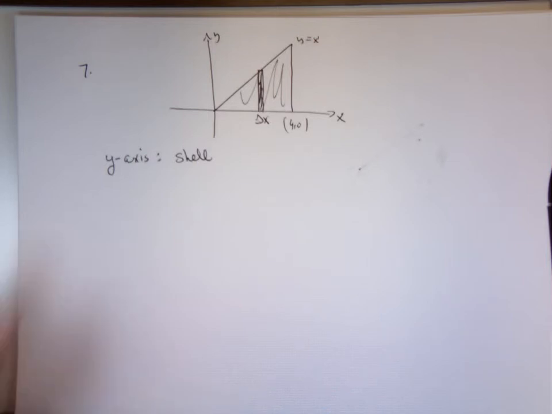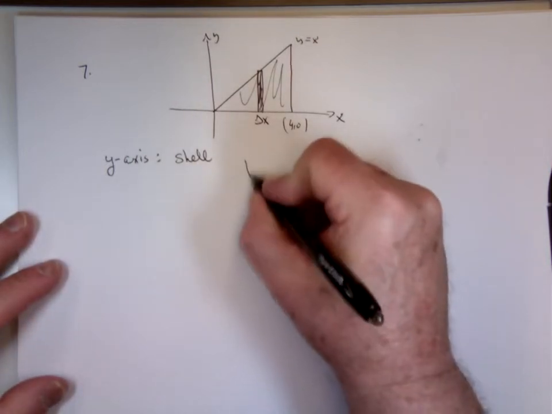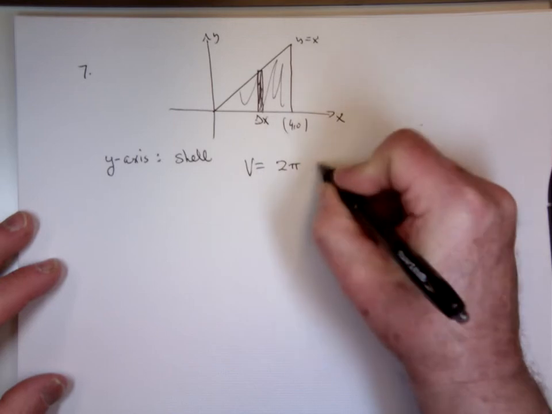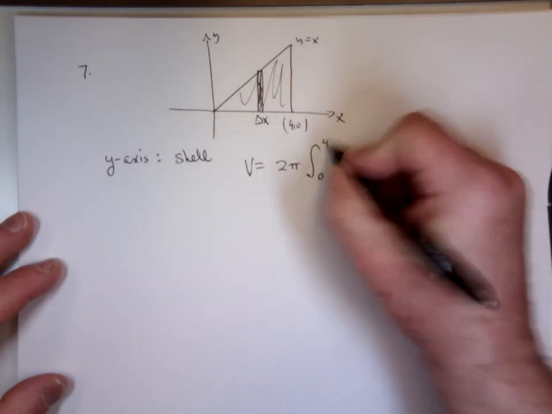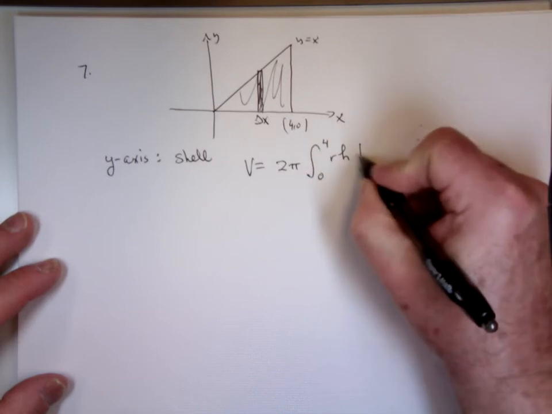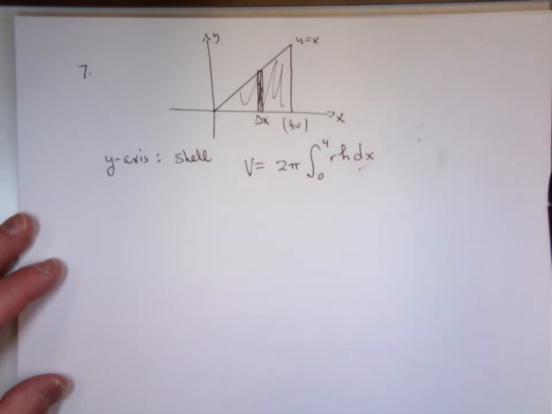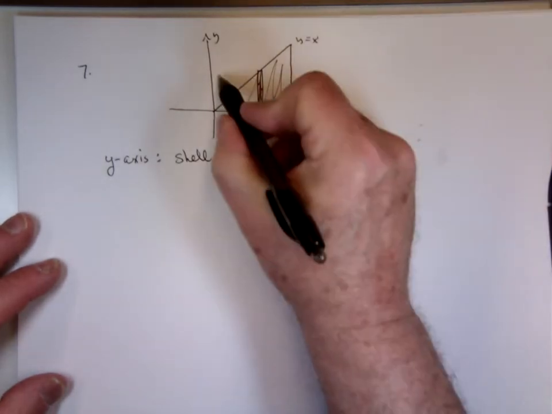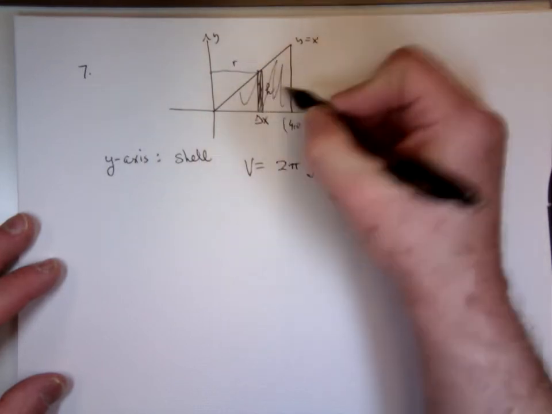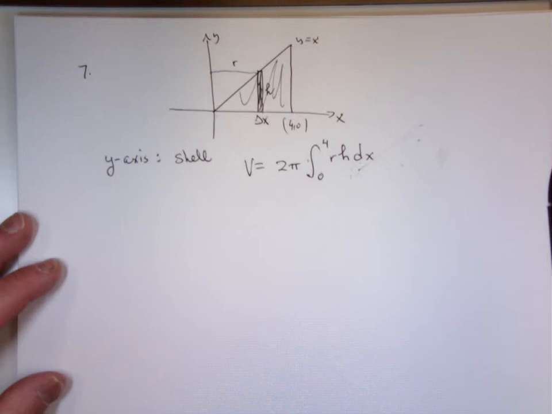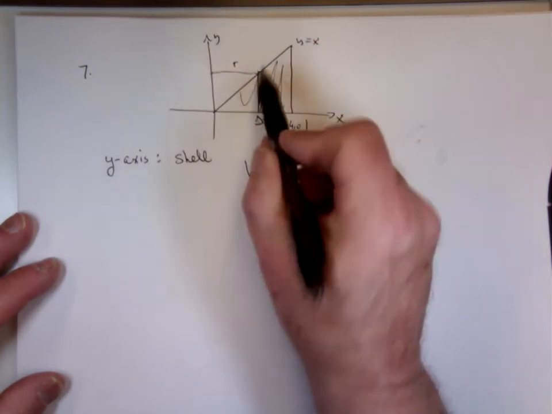So, shell method gives us 2 pi, x is going to go from 0 to 4, r h dx. Okay? Now, what the heck is r? R is this distance. H is this distance. R is the distance as the thing is revolving.